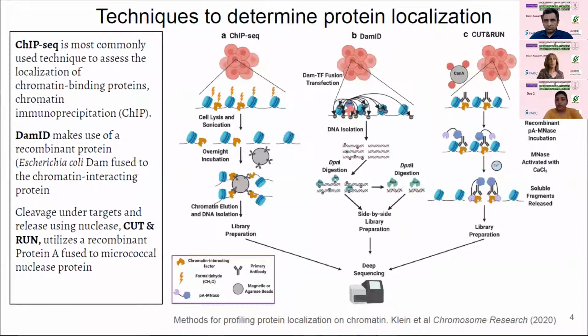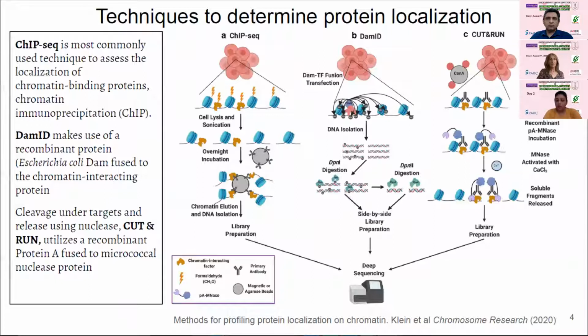So first of all, I'm going to talk about the techniques that we can use to determine the localization of a protein on the genome. So these techniques are protein specific, and you would need a protein of interest for doing this type of techniques.